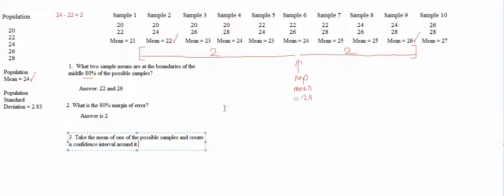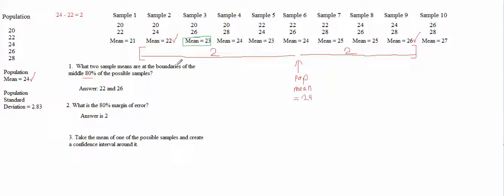Take the mean of one of the possible samples and create a confidence interval around it. All we have to do is take one of these samples, take its mean, which is a sample mean, and add and subtract the margin of error to the mean of the sample.